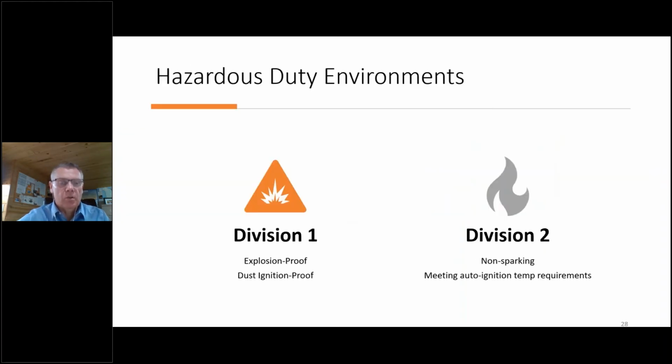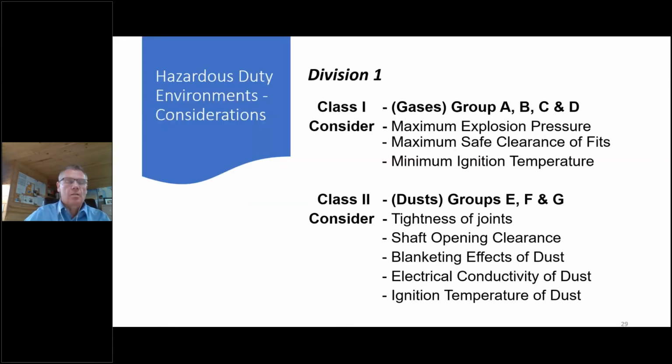Another important topic is understanding hazardous area. So I'm going to talk quickly about Division 1 and Division 2. In our world, typically we're going to be looking at the gases world. Class 1, Division 1 is your explosion-proof areas, which in Europe they call flame-proof.